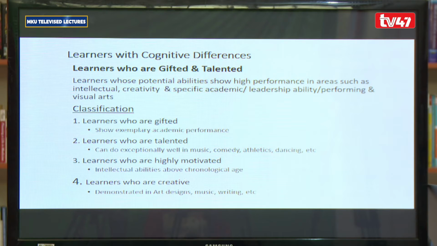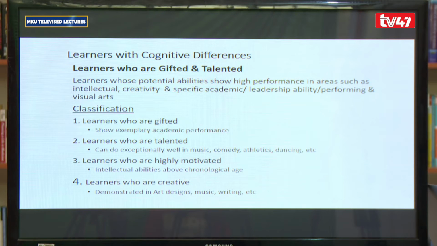So these are learners whose potential abilities show very high performance in areas such as intellectual, creativity, specific academic, leadership ability, performing, and visual arts, because we are talking about talents. We are talking about those who are very bright, very gifted academically, but also those who have other talents in performing and visual arts.